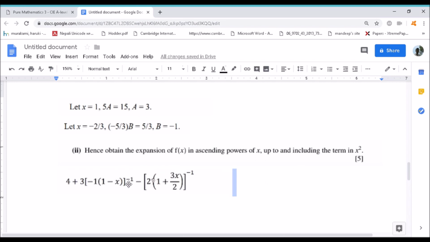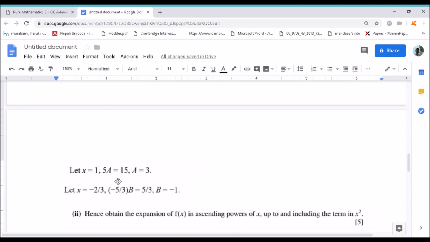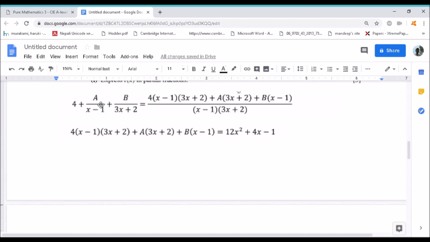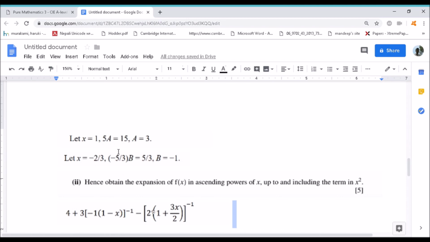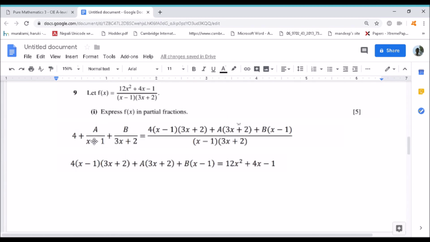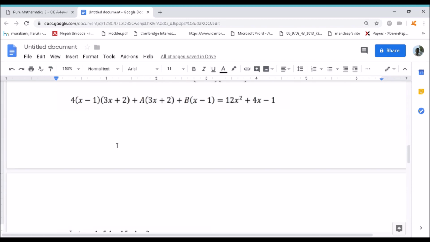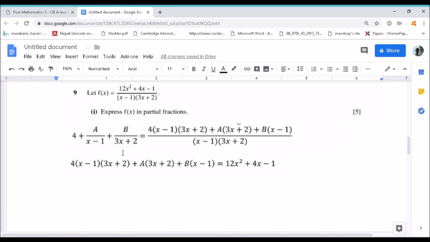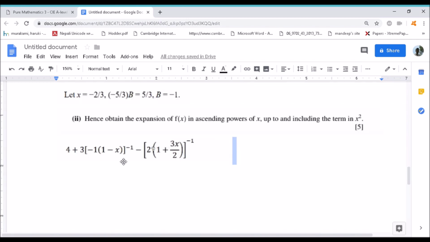So we found a value of a and we replace that: 4 plus 3 divided by x minus 1 plus minus 1 divided by 3x plus 2. So we have this.